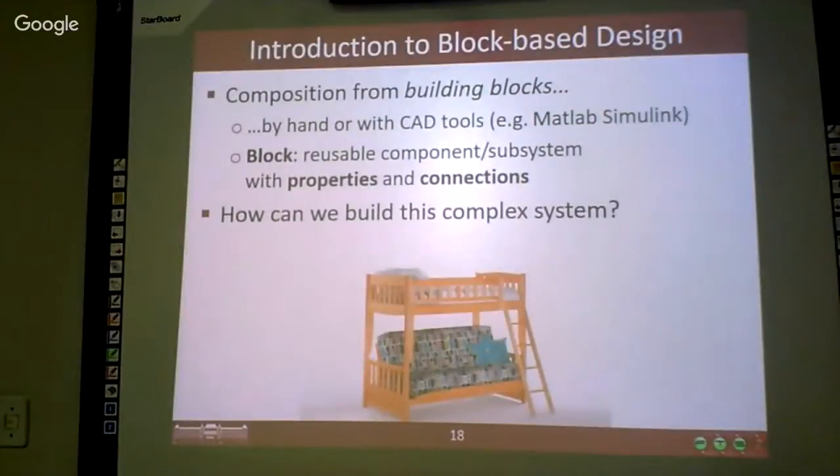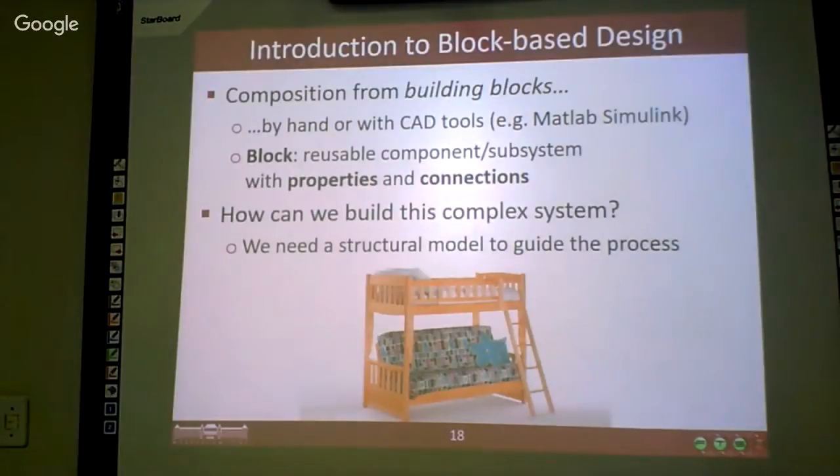I will use an example. I do not know if you are familiar with IKEA. That is a Swedish company, and you can just buy furniture, take it home, and build your furniture at home. I will use this example to show you how you can imagine and how you can build your system from blocks.